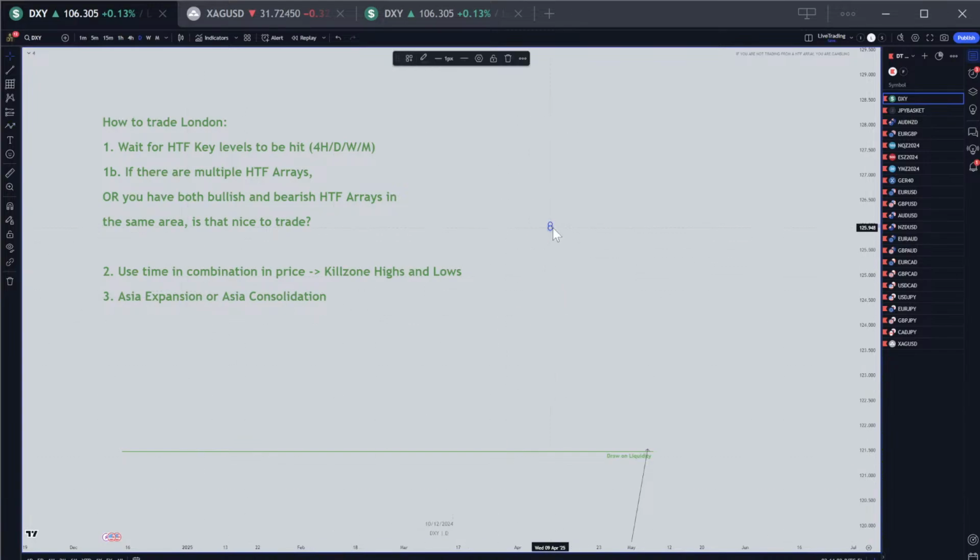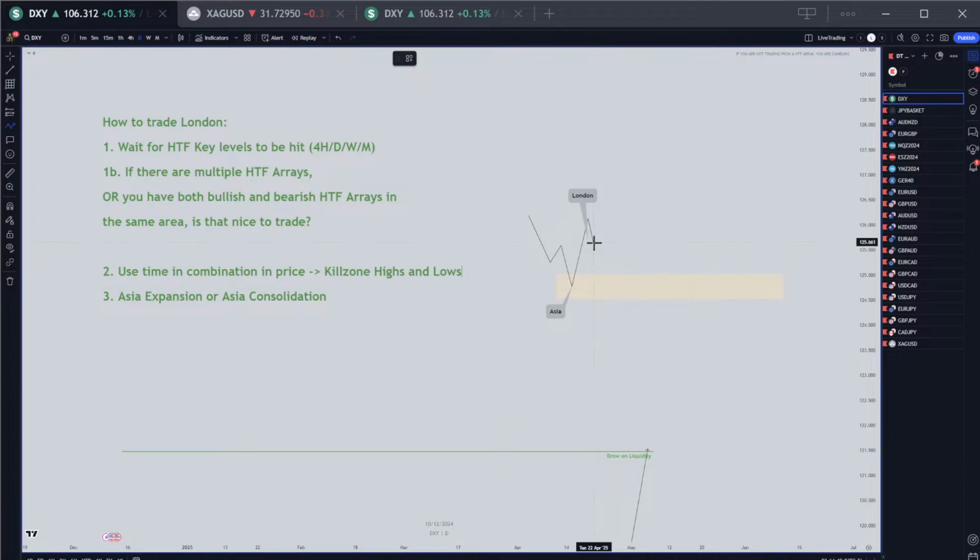Asia expansion. So let me again, key level. Asia expansion: when Asia already hit the key level and expands. That's why it's called Asia expansion.